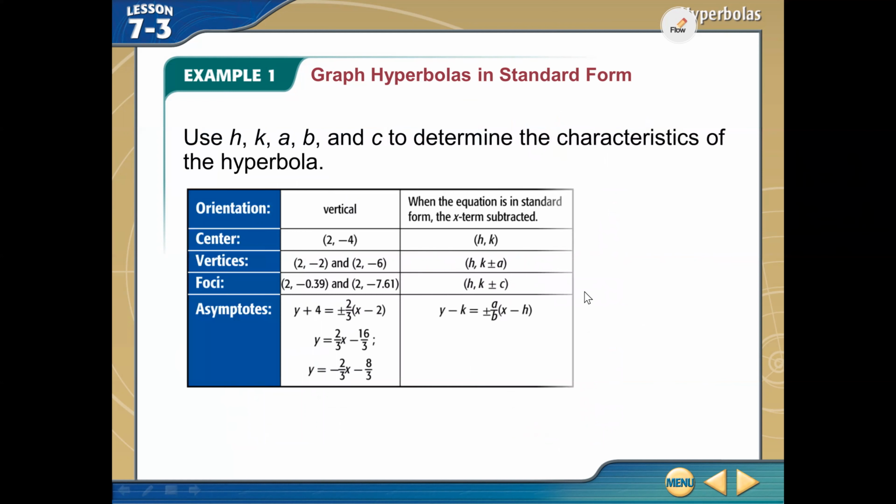Asymptote, Hussein, is y plus 4 equals positive or negative 2 over 3 times (x minus 2). Of course, you will distribute 2 over 3 by negative and by positive, multiplying the first term and the second term, and you get the two answers, as you see on your screen.